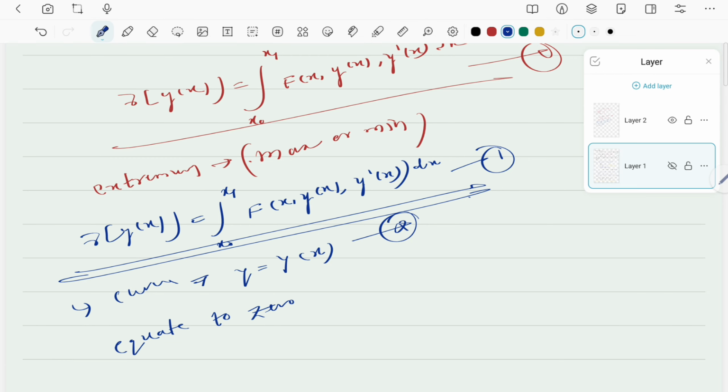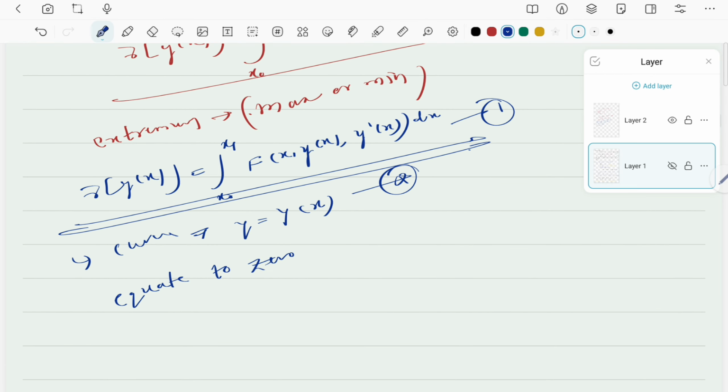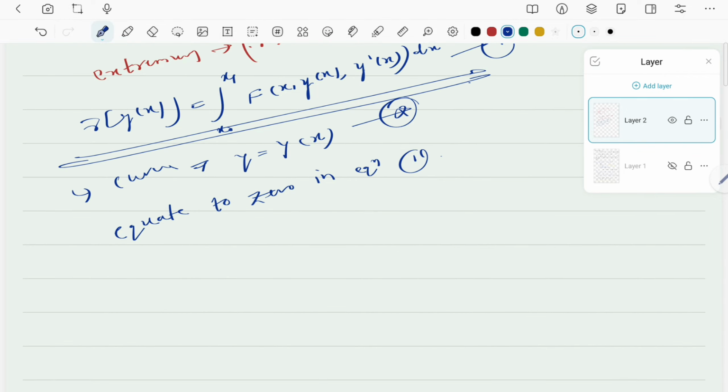That is, first we equate equation 1 to 0. For this we need an admissible curve.